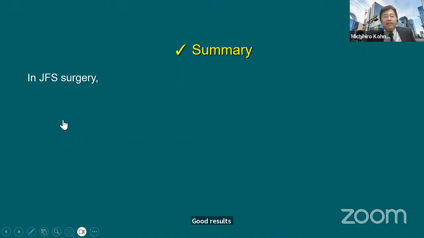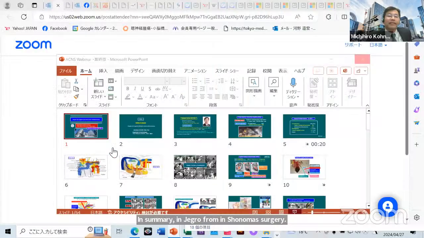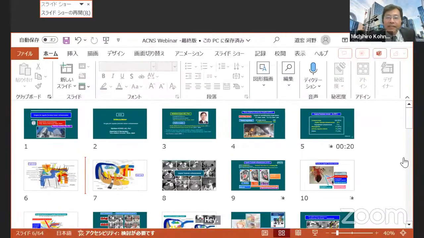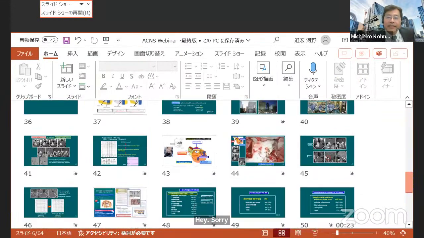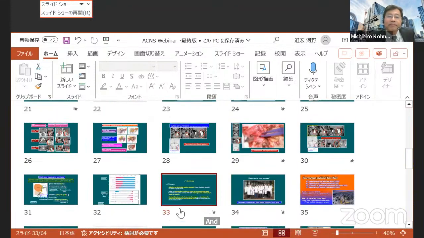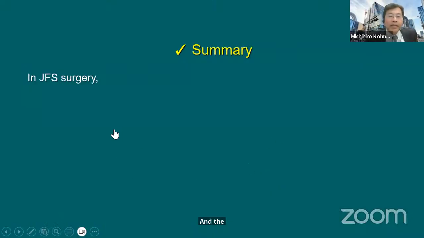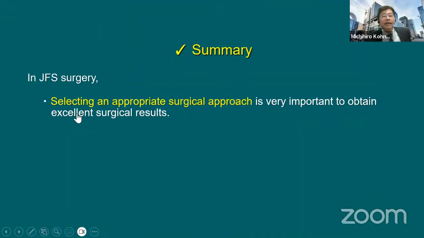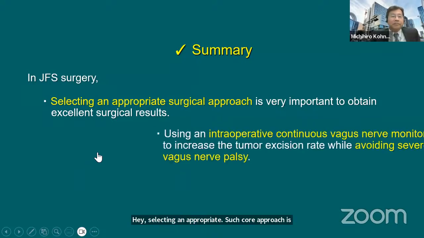In summary, in jugular foramen schwannoma surgery, selecting an appropriate surgical approach is very important to obtain excellent surgical results.